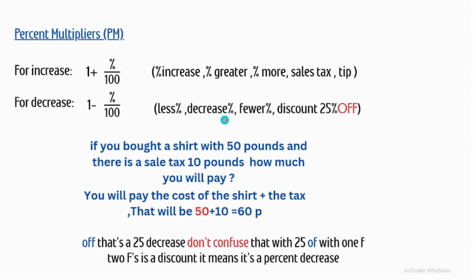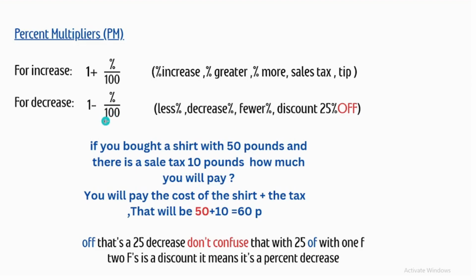If they say decrease, that will be 1 minus the percent. Fewer, you pay fewer, so I will pay less than the original cost. Discount 25% off, the multiplier we will use minus because this is a discount off.